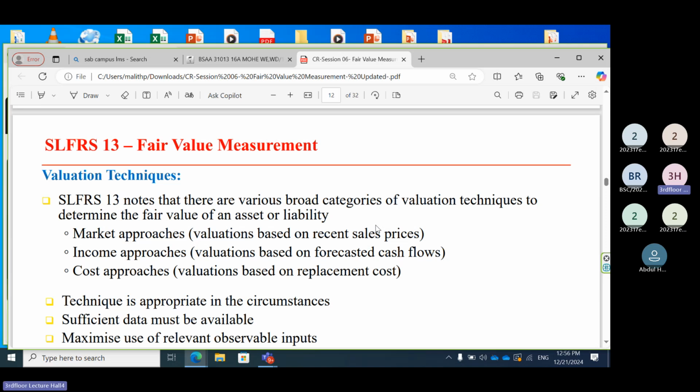Cost approach. What do you mean by that? Valuation based on replacement cost. So we can't estimate the income. We can't estimate the market value.